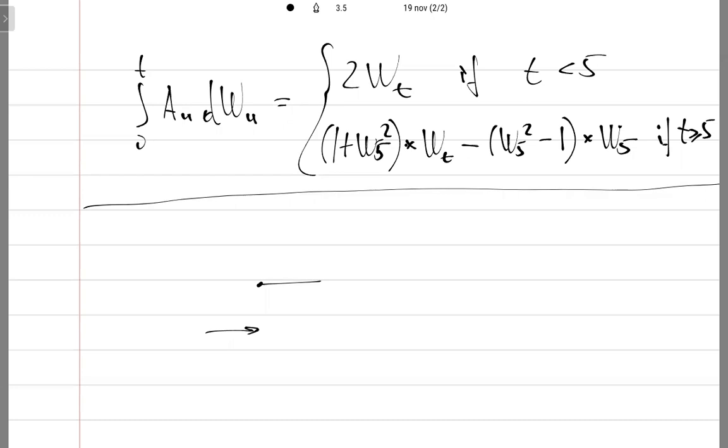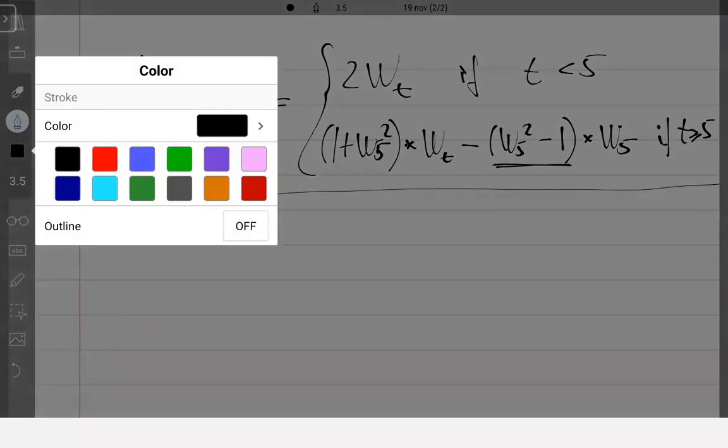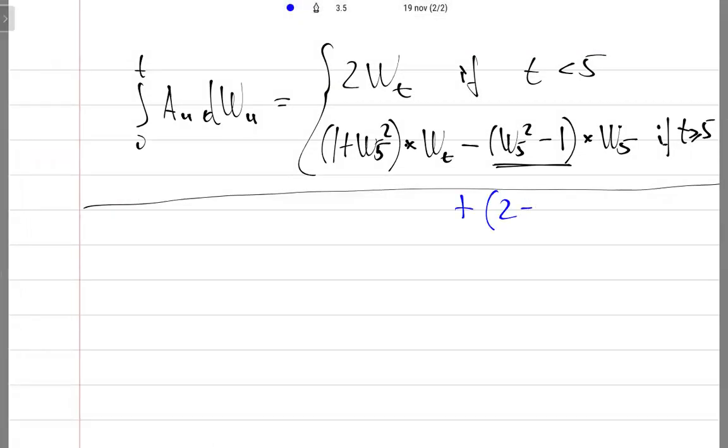If you sell, this is negative, and that's okay. So nothing changes at all. You may write plus 1, plus 2, minus 1 plus W_5 squared, and the result obviously will be the same. Yeah, thank you. So it doesn't matter.